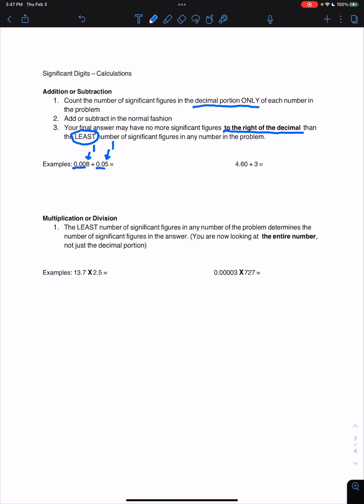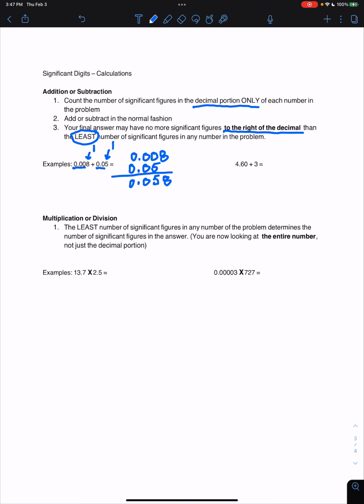Now that we found our significant digits in the decimal portion only, we're going to add or subtract in the normal fashion. You may or may not remember how to add decimal numbers, but we have to line up the decimal points, and then we can add the numbers. 0 plus 5 is 5, and then we have 8.